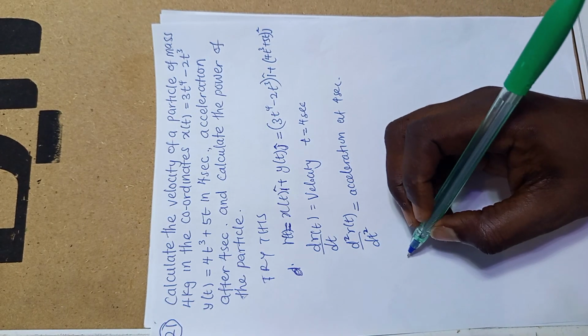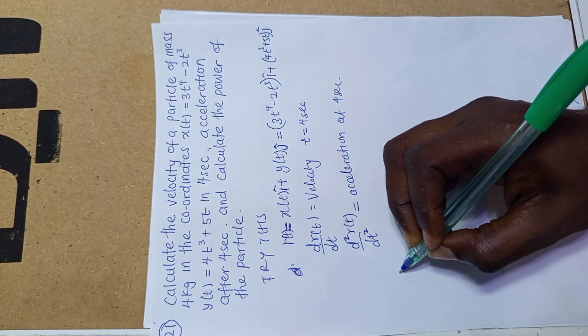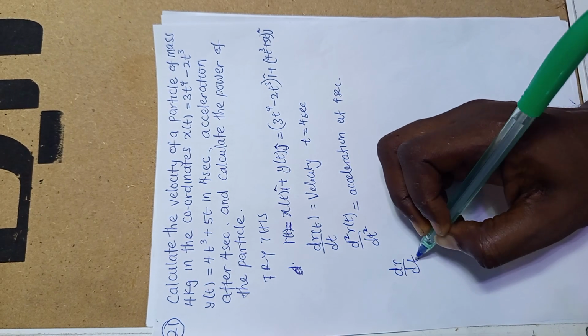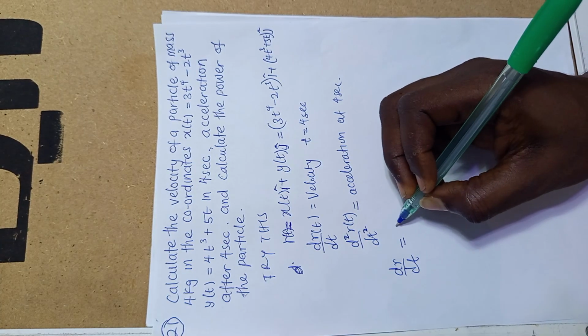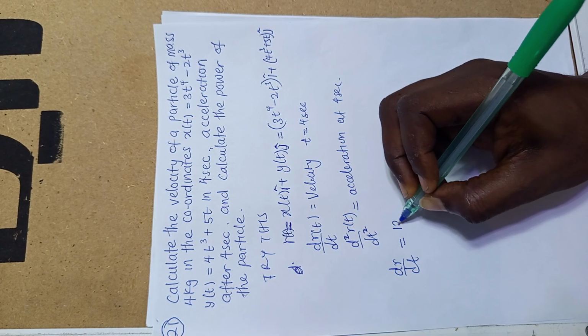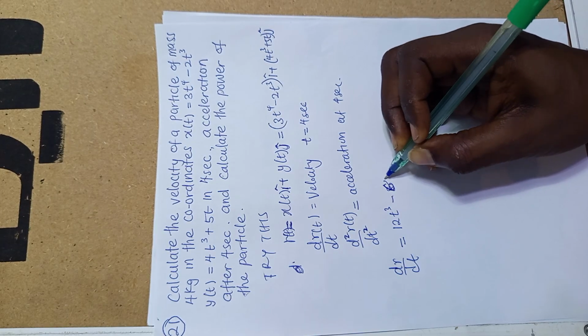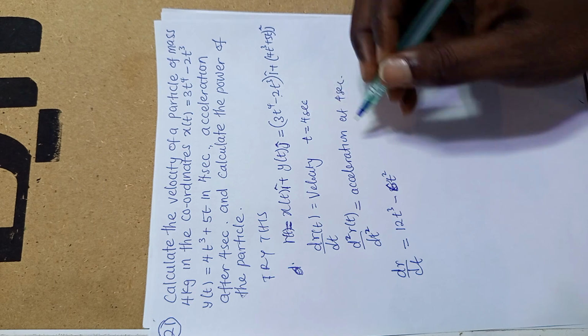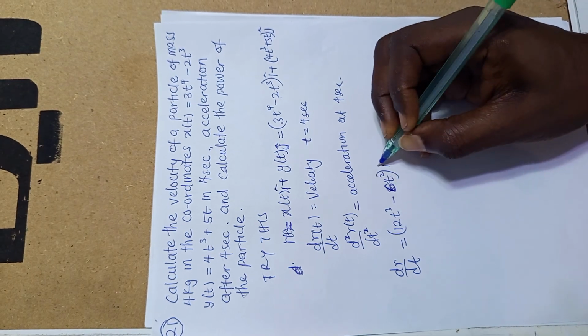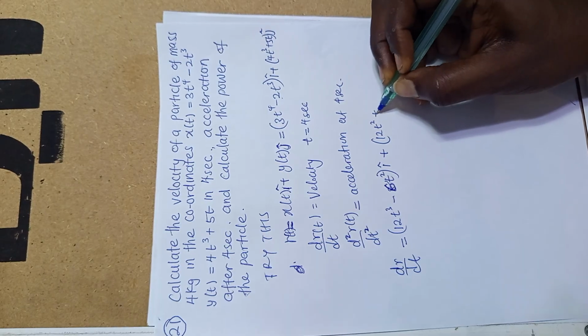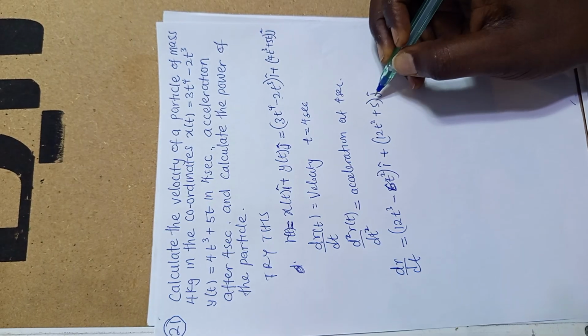Okay, let me solve the second one. Let's see how we can solve it. dr over dt is equal to 12t cubed minus 6t squared, all multiplied by i, plus (12t squared plus 5)j.